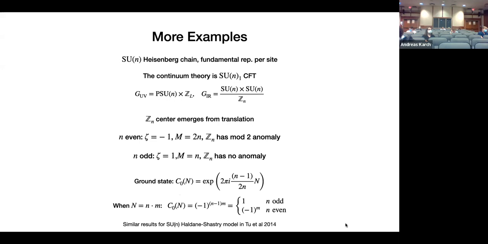Following this analysis, we can calculate the lattice quantum numbers of the ground state, and we'll see this dependence on N. When N is odd, and the length of the system is a multiple of N, you get an SU(N) singlet, and the lattice momentum does not depend on the length at all. When N is even, we see an alternating sign of lattice momentum, which again we can understand from the anomaly of the emergent Zn symmetry from translation.